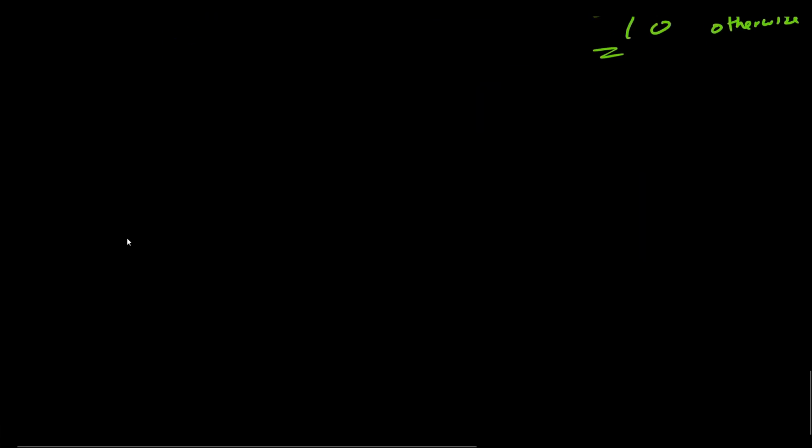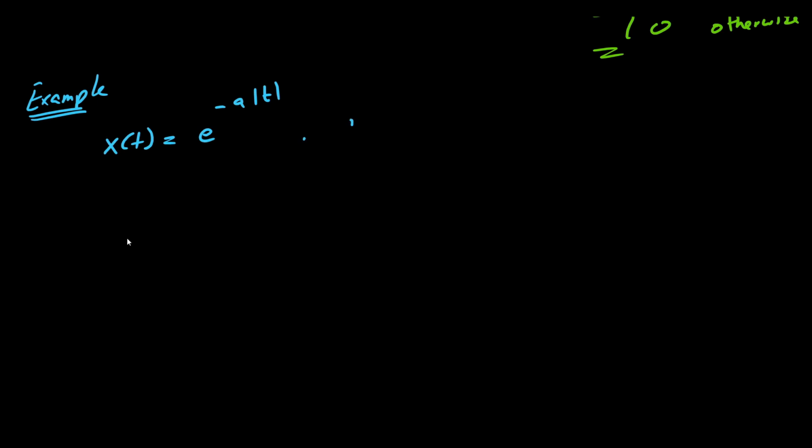Now let us move to the second example, and over here x of t is given as e to the power minus a absolute value of t with a greater than 0. Since a is greater than 0, this function is basically converging in time as time tends to infinity or minus infinity.